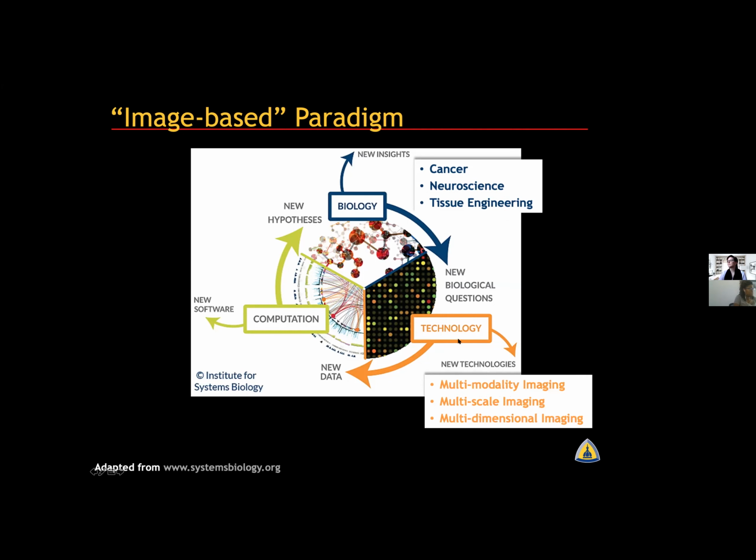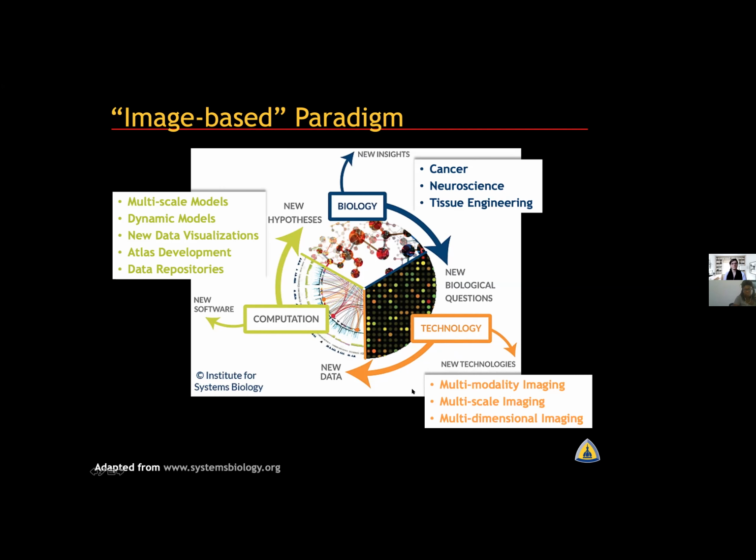By technology, I mean multimodality imaging methods, multiscale imaging methods, and even multidimensional imaging methods. Then we generate new data from these imaging methods that we incorporate in different computational tools. These tools could range from the development of new software, models, visualization approaches, atlases, and data repositories. And then we can use those to develop new hypotheses, and the entire loop feeds in on itself.